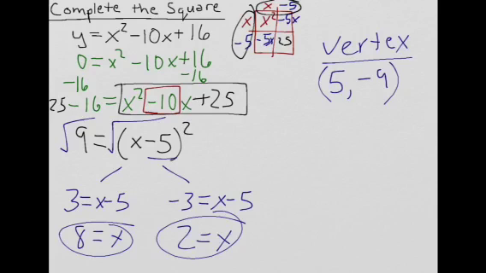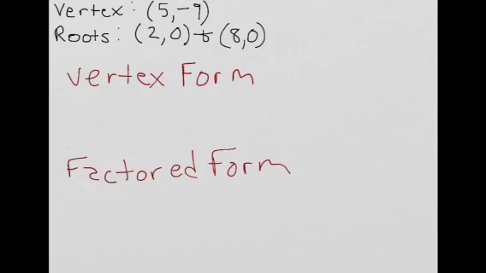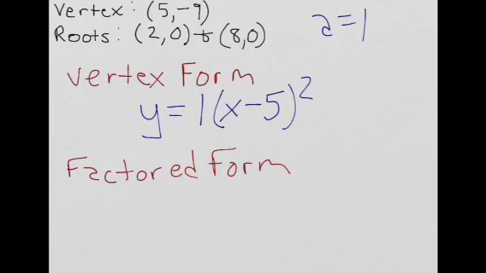Okay, so then we take our roots and our vertex and move on to creating vertex form and factored form. So vertex form here, this time we had an a value of 1, so we got 1 times x minus 5 squared minus 9. And in factored form, these are always the opposite.